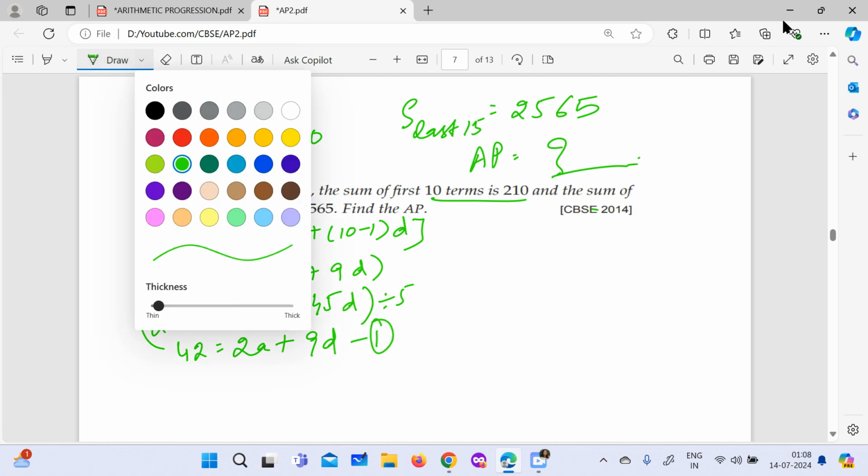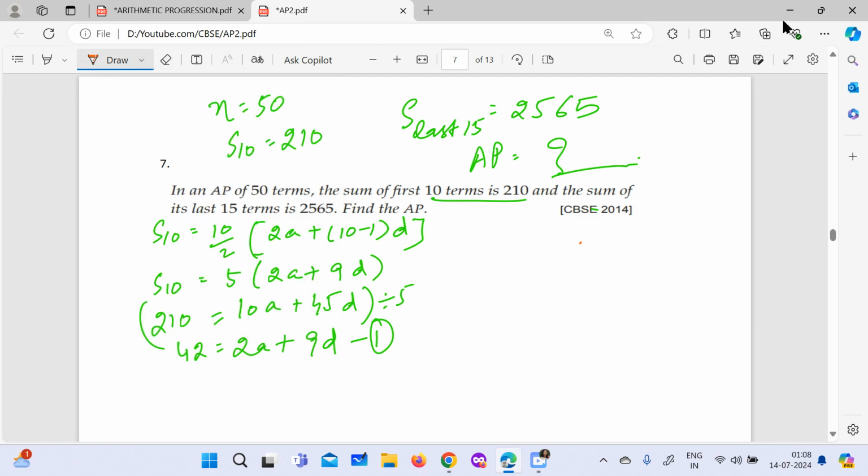Now you understand the question, what it says. Find the sum of the last 15 terms in an AP of 50 terms. So there are total 50 terms, and out of 50 terms, the first 1 to 10, the sum is given as 210. Now, the sum is given of last 15 terms.